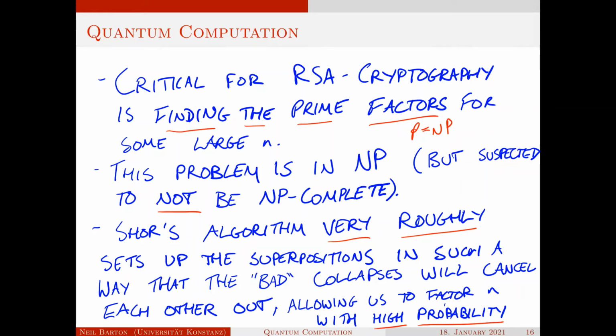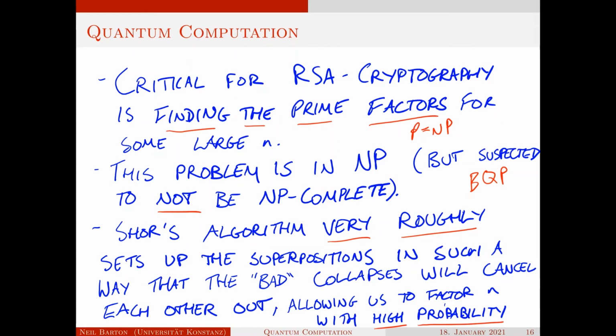Now, what's interesting about BQP, and in particular something called Shor's algorithm. Shor's algorithm, very roughly speaking, sets up the superpositions for the relevant circuits in such a way that for a particular factoring problem, there are collapses that will give you the wrong answer for the factoring problem, but these cancel out.